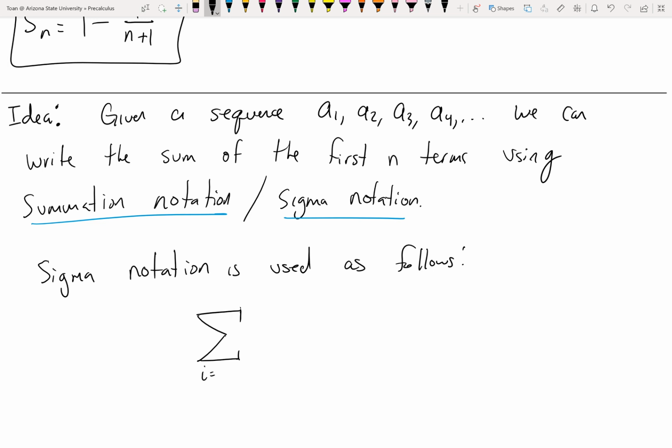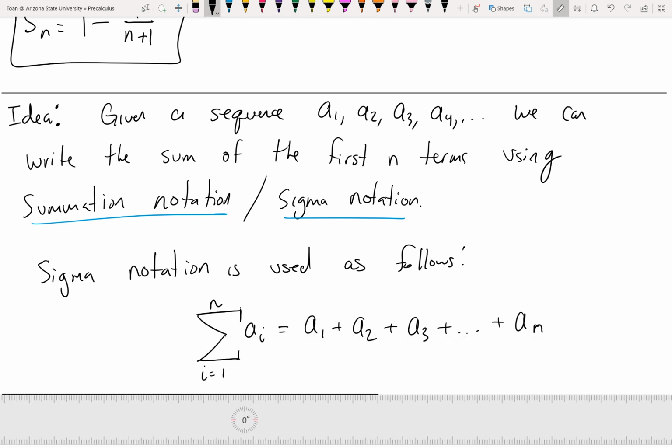I typically use i's. You have to start at some number, in this case 1, and then you have to end at some number, and then you put your formula or your sequence there. This means take a 1, plug into the formula, plus take a 2, plug into the formula, plus take a 3, plug into the formula, plus all the way, rinse and repeat until you end up with the last number there.